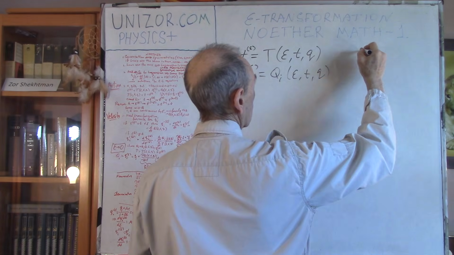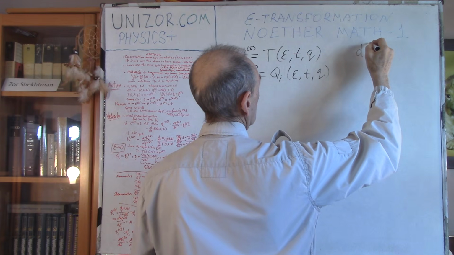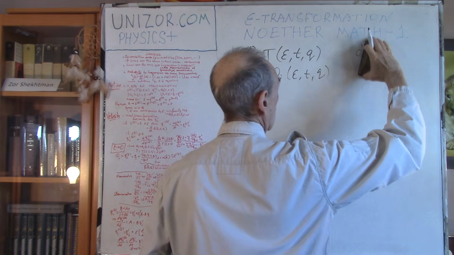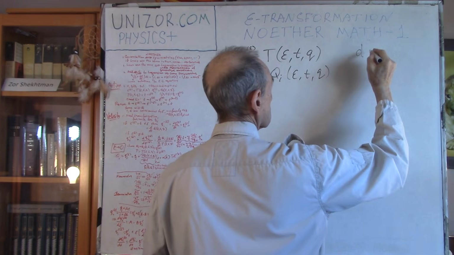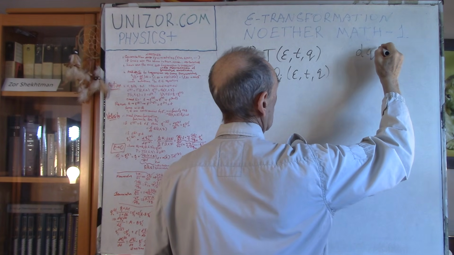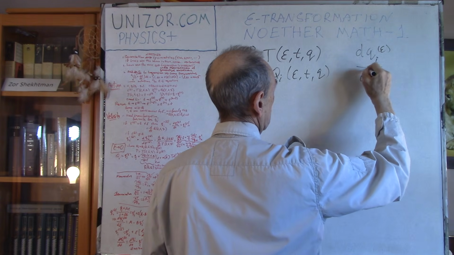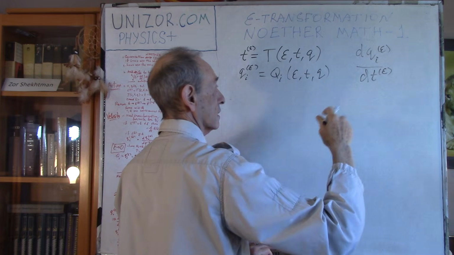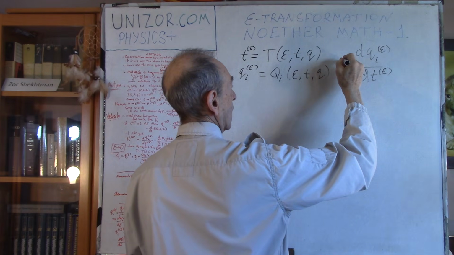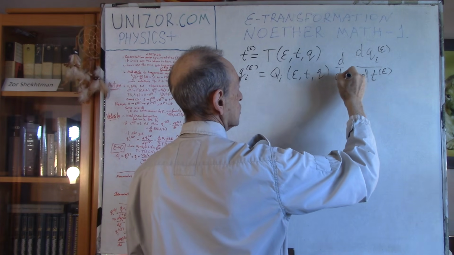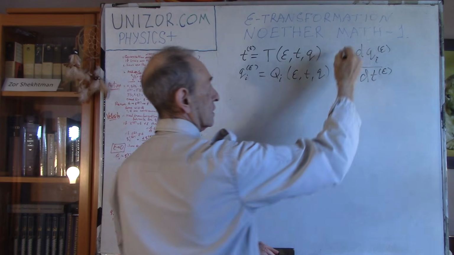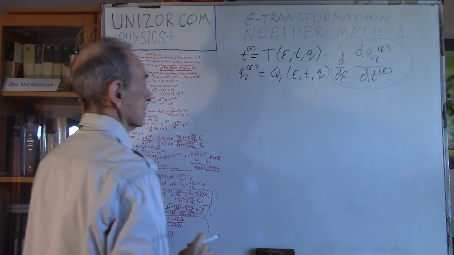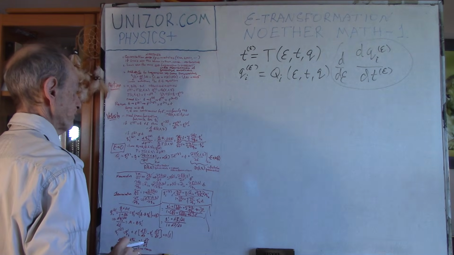So again, our purpose is to express dqi of epsilon by dt of epsilon, and then later find out how it's changing with change of parameters, which is a derivation of this as well. All right, so let's start.